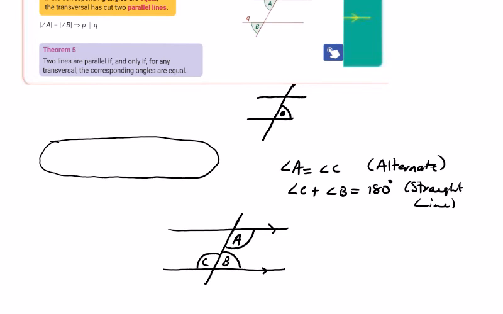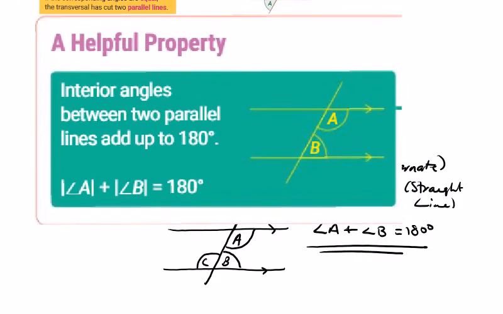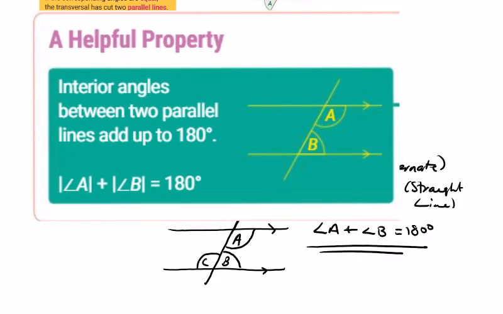So if C is equal to A, we replace this C with angle A, so angle A plus angle B is equal to 180. And that will be the proof that when we have interior angles between two parallel lines, they add up to 180. It's a helpful property when we go into questions. The proof is not needed, but here it is.